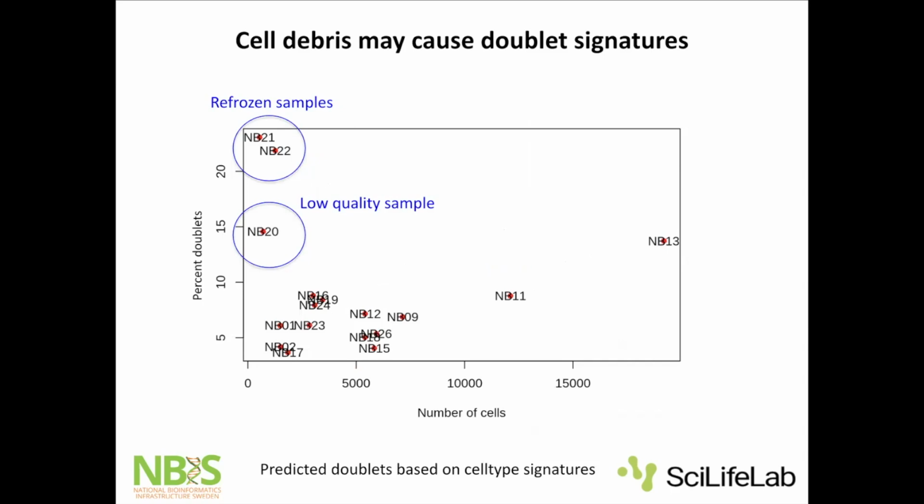But it's not always that simple. This is one project that I worked on where I did my own doublet prediction. And I saw these samples here that looked like we have a lot of doublets. Then I talked to the group and they said, oh yeah, for these two samples, the 10x machine was not working. So we put them in the freezer again and came back next week. So these samples went through 2 freeze cycles.